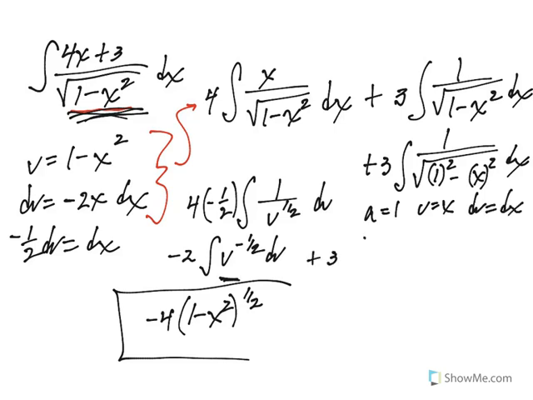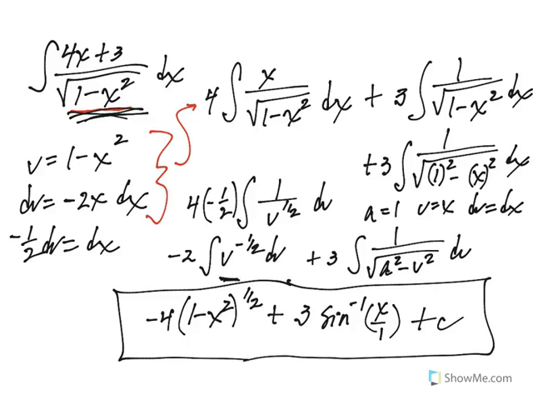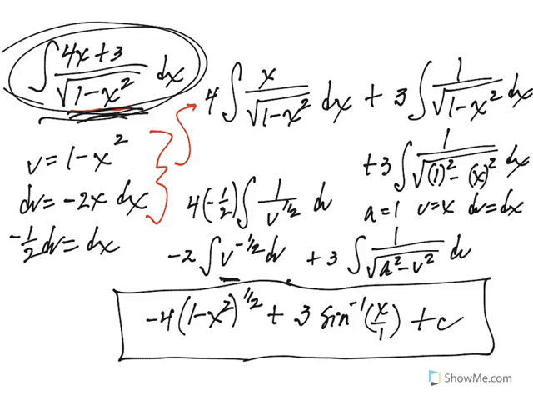This then turns out to be plus 3, the integral of 1 over the square root of a squared minus u squared du. That's in the formula for number 1 on the formulas that I gave you at the beginning of this video. So this is going to be plus 3 times the arc sine of u over a plus c. And together, those give you the answer for this original integral up here.